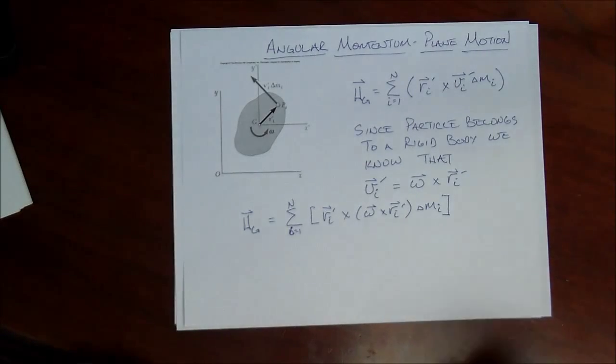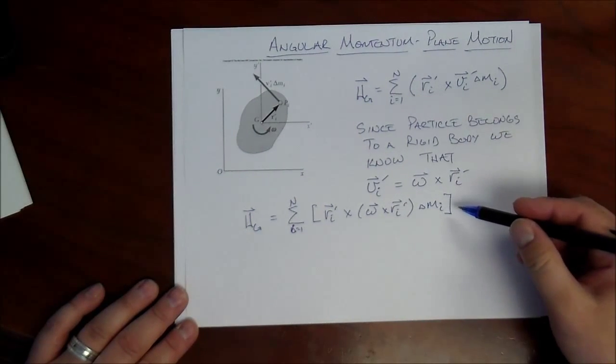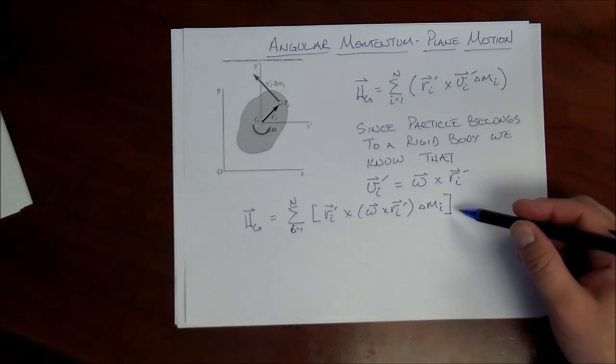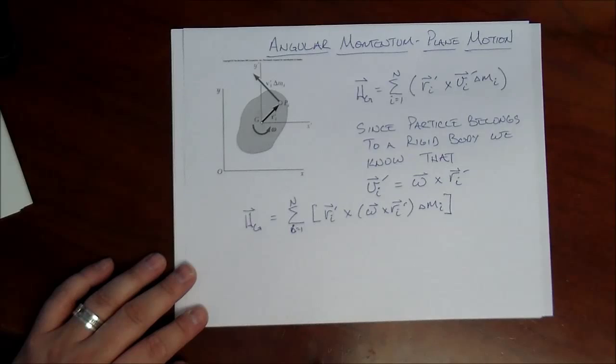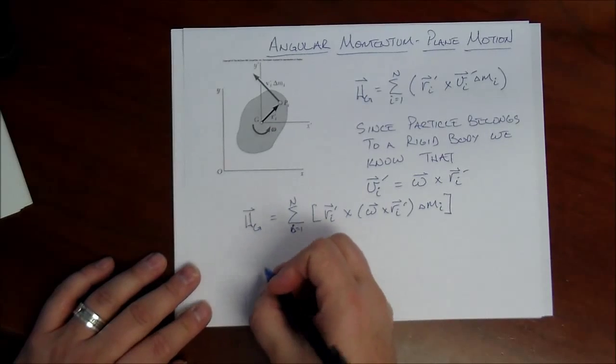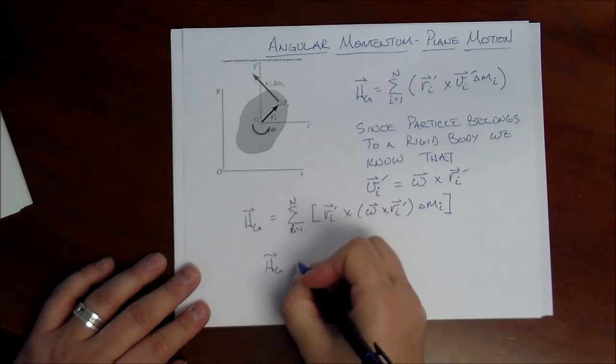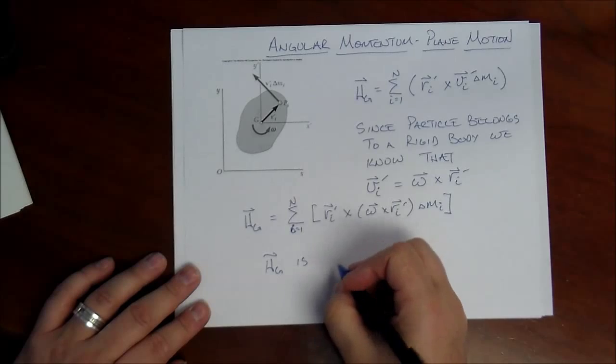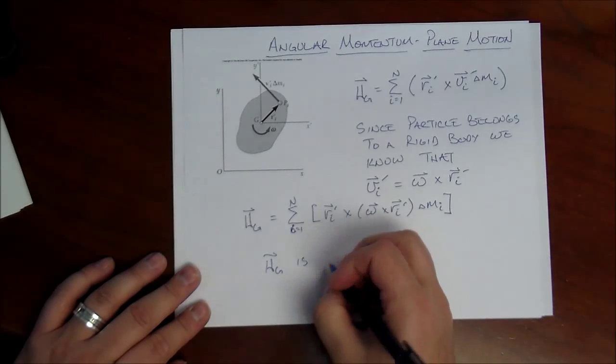So now we can express our angular momentum using what we know about the velocity for a point on a rigid body. Now you can verify that this vector, angular momentum vector h sub g, is a vector that points in the same direction as omega.